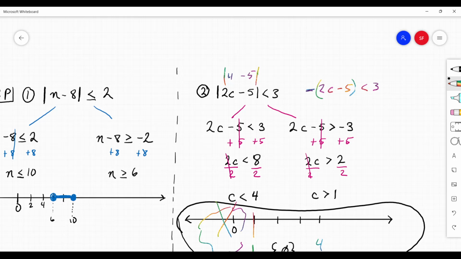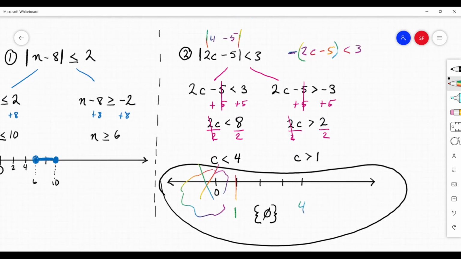Less than 3. What I did was I distributed, so I multiplied the negative around. I didn't have a negative 3 there. So did you divide by negative 1? Oh, yeah, no, I didn't divide by that. I forgot about that part. There you go. Okay, that's what I did wrong. That's easy peasy.